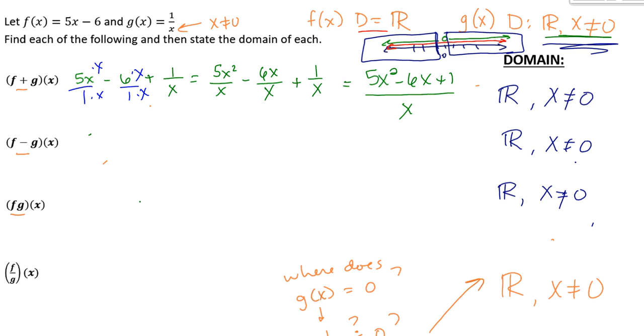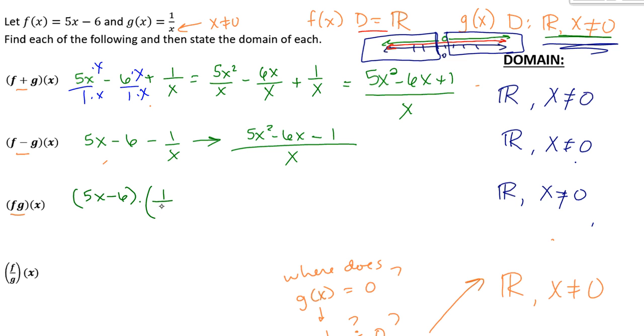Okay, f minus g, pretty much the same thing, except for now it's minus 1 over x. It's going to become 5x squared minus 6x minus 1 all over x. Okay, f times g, 5x minus 6 times 1 over x. Well, top times top, bottom times bottom, and that's it. All right, what about f divided by g?